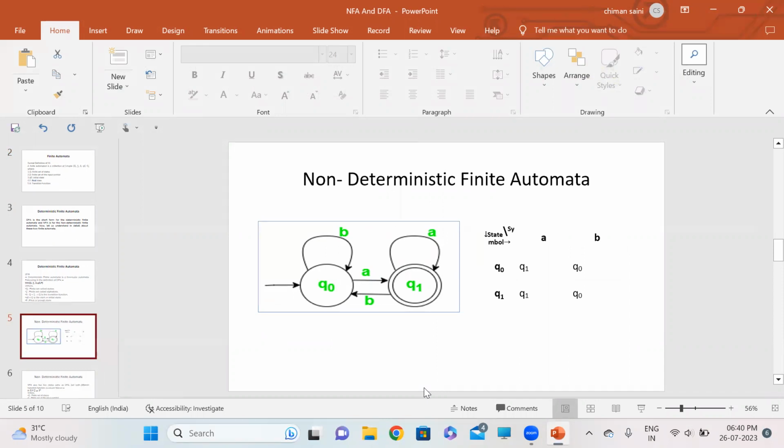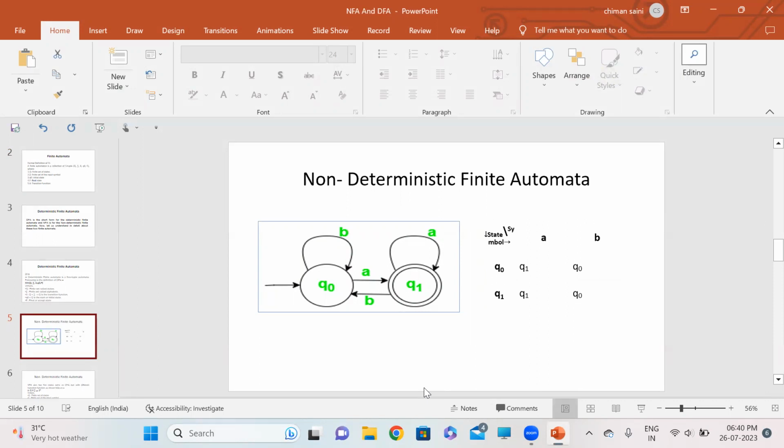The state with a double circle is our final state. Then A and B are the input symbols. There is a state Q0, our initial state, and after giving an input B, it will either move to another state or stay in the same state. So these are the inputs.